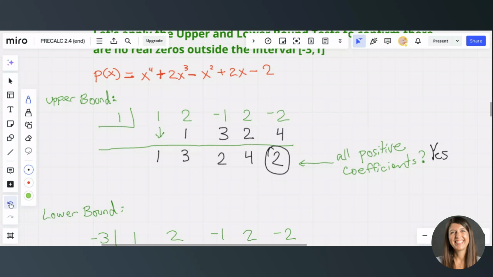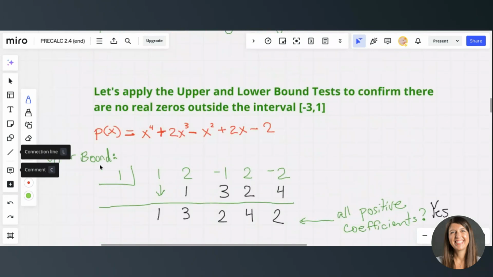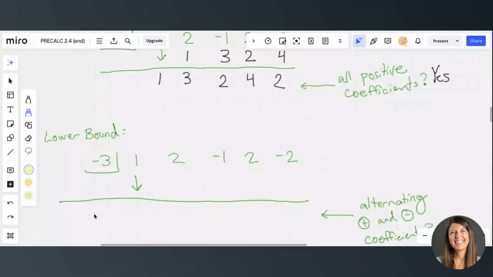It would only be a root if our remainder was 0. So 1 is not a root, but there's no root that's bigger than 1. All right, let's look at our lower bound. In the question, it wants to know if -3 is a lower bound. So we're going to test -3 in our synthetic division to see if it's a lower bound.